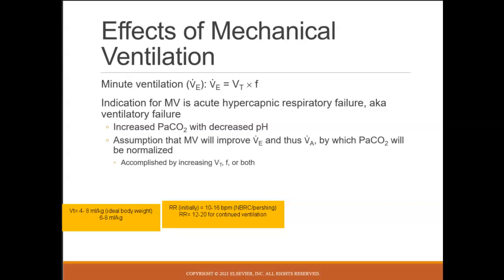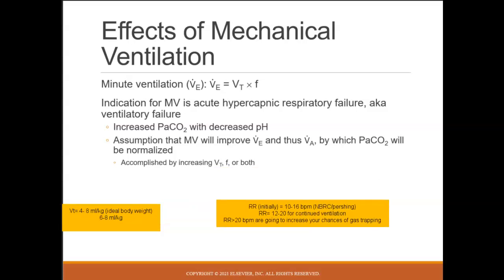The big concept with this is that respiratory rates greater than 20 breaths per minute are going to increase your chances of gas trapping. Okay, so that's something you need to be concerned about.